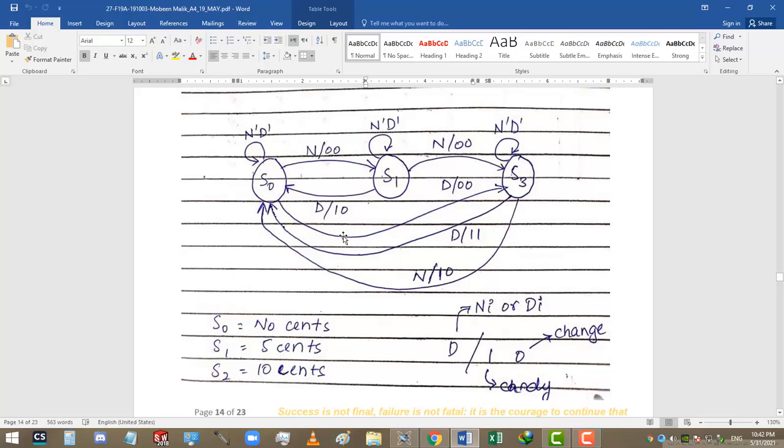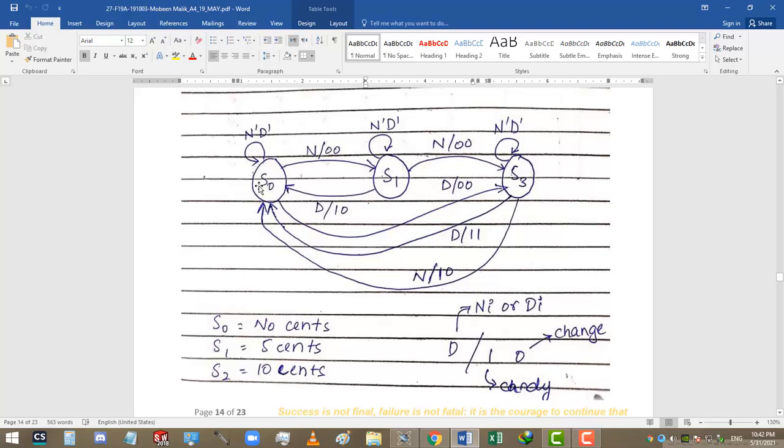But if I put a nickel again, then the machine goes into a state where there are 10 cents in it. After there are 10 cents in the machine, if I put a nickel again, then the target of 15 cents is completed, and the machine gives the output as a candy right here, as you can see, and returns back to the state S0.